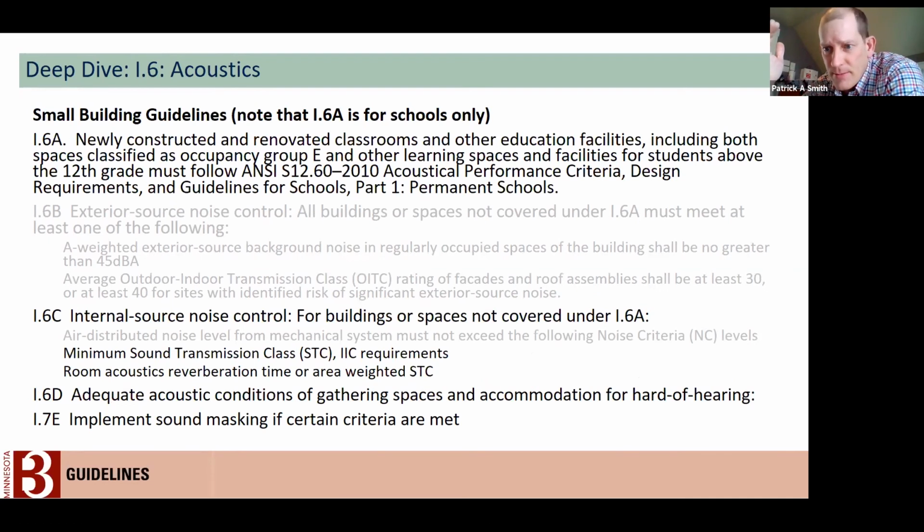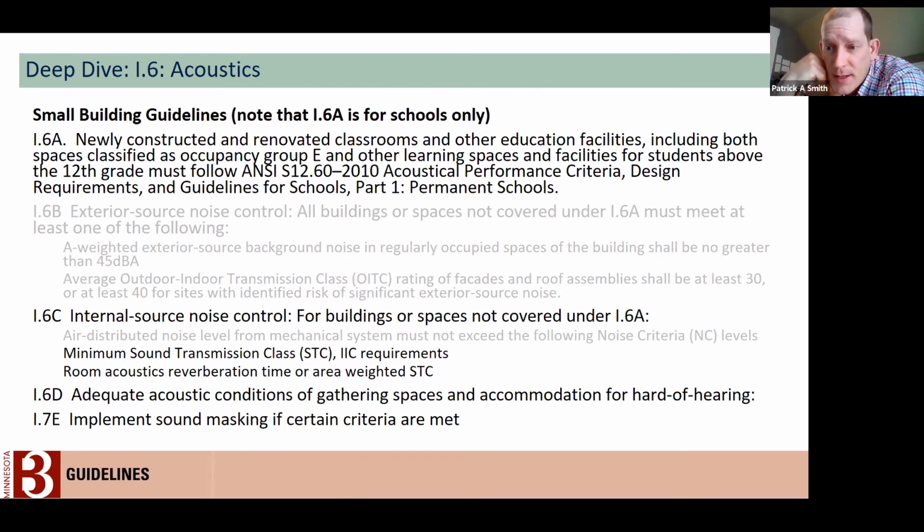And just sliding this back to just looking at STC requirements for interior walls, and then a reverberation time or area weighted, sorry, that should not be area weighted STC, that should be an NRC, area weighted NRC, so noise reduction coefficient. So we have I6D, the acoustic conditions of gathering spaces for the hard of hearing, which is a separate legislative add.